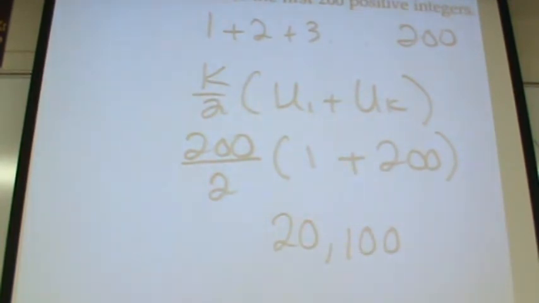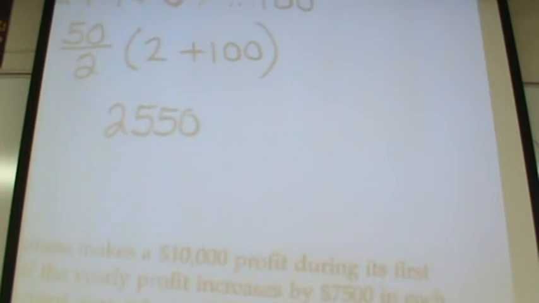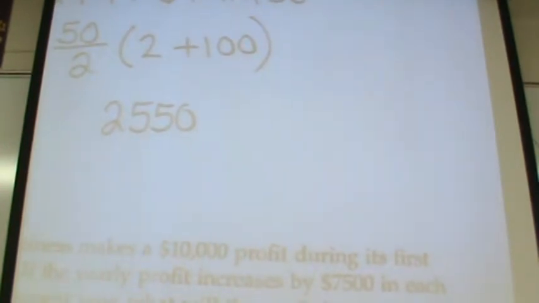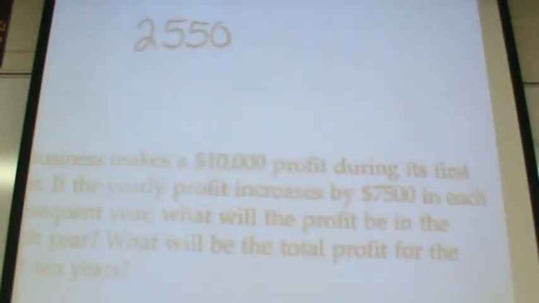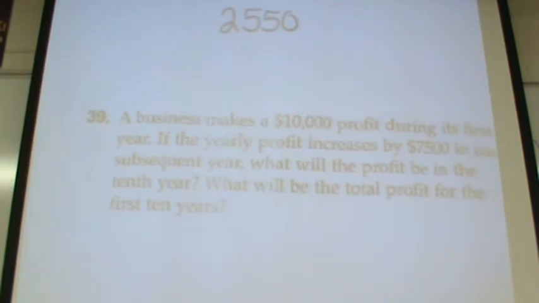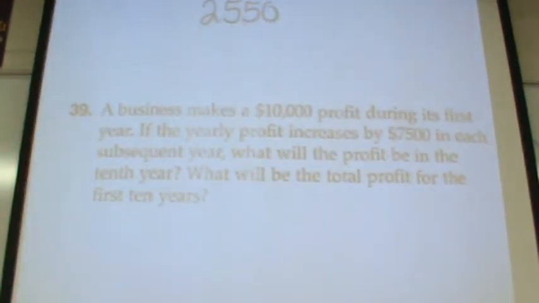Okay. The next one, number 39. A business makes a $10,000 profit during the first year. If the yearly profit increases by 7,500 in each subsequent year, what will the profit be in the 10th year?